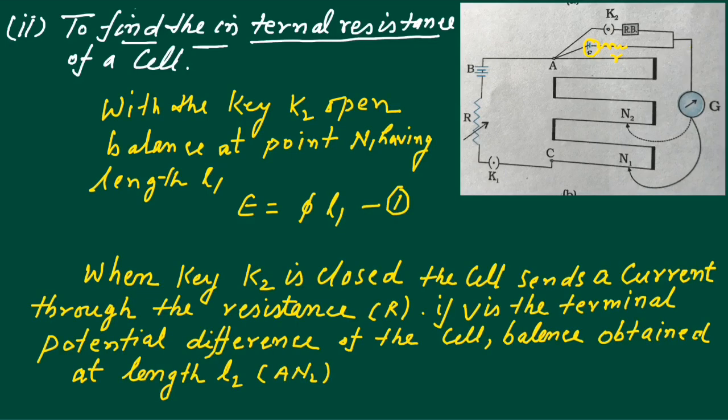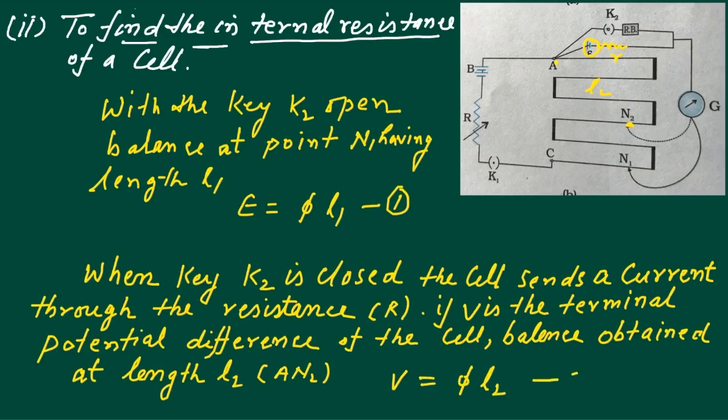When key K2 is closed, the cell sends a current through the resistance R. If V is the terminal potential difference of the cell, balance is obtained at length L2, between A and N2. So we obtain the balance at this point, and it has the length L2. So V is equal to phi L2.